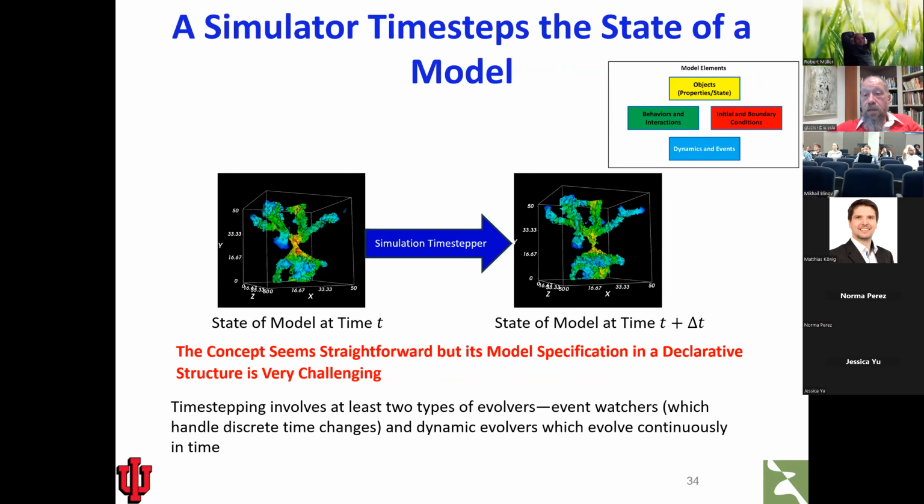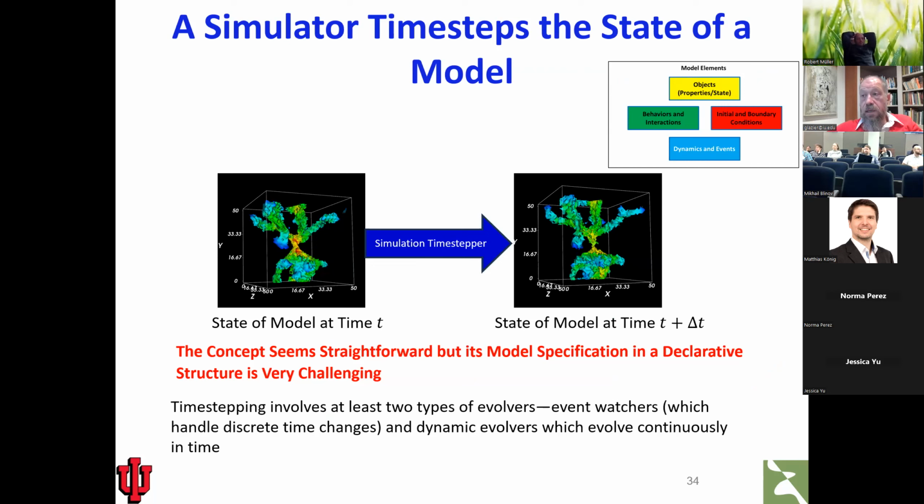It's important, I think, to think about what a simulation does or a simulator does, and I don't think I have a good terminology. I'd be open to hearing what people suggest about terminology, but a simulator fundamentally takes the state of a model and time steps it to give us the state at a later time.